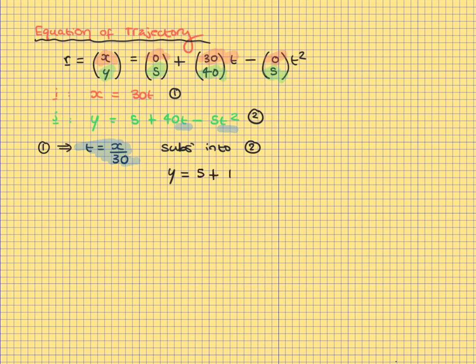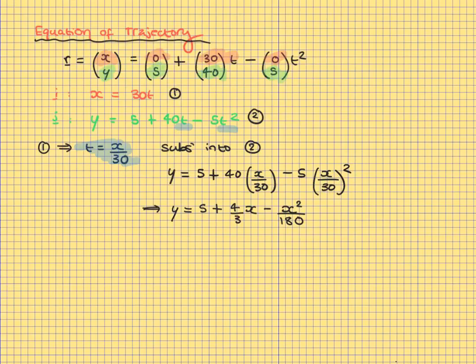So 5 plus 40 multiplied by x over 30 minus 5 multiplied by x over 30 all squared. And then a little bit of algebraic simplification will show very quickly that this simplifies to the result expected.